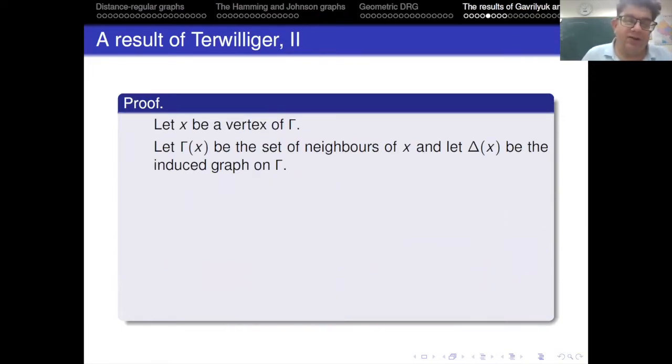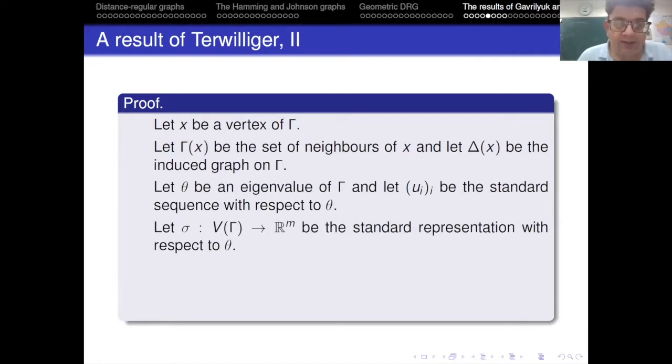Essentially you use a standard representation. So you look at the vertex x of Gamma and you look at the set of neighbors of x, and let Delta(x) be the subgraph induced on Gamma(x), the neighbors. And let theta be an eigenvalue of Gamma, and let u_i be the standard sequence with respect to theta, and let sigma be the standard representation.